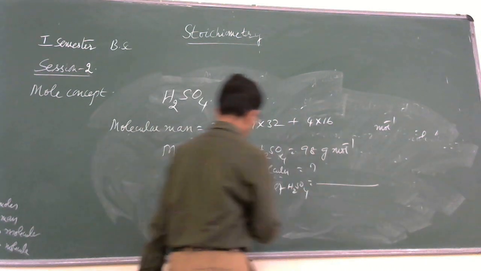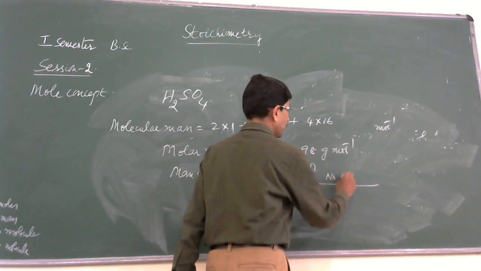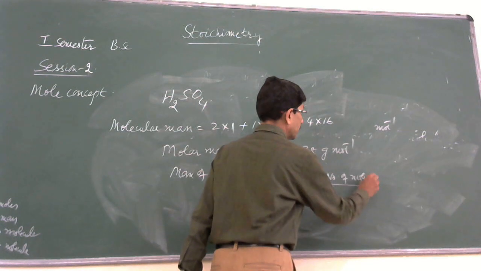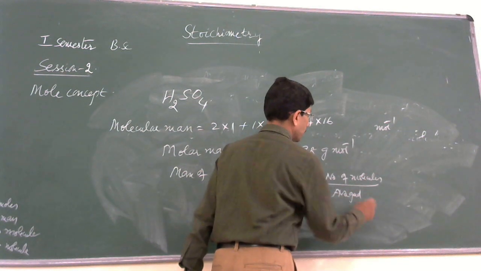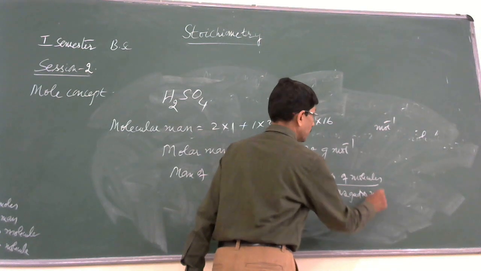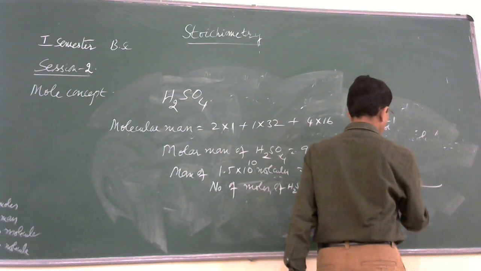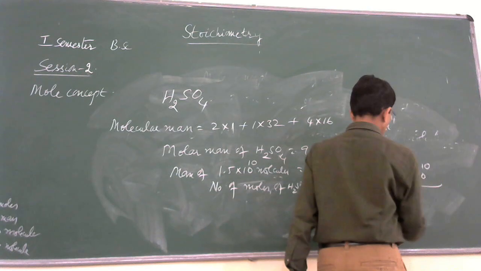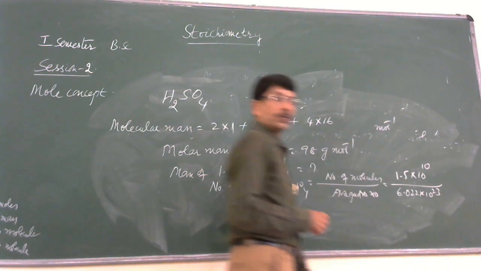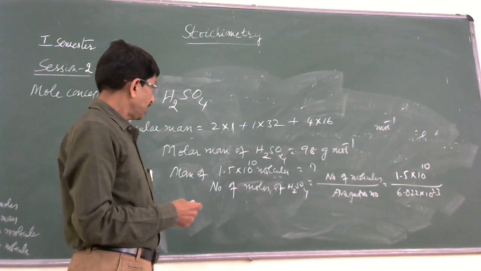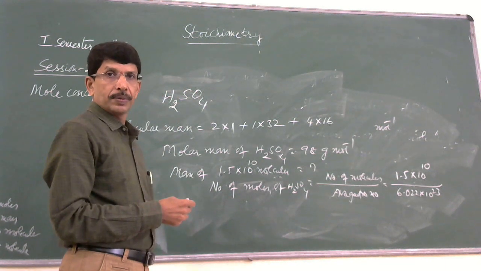This is equal to the number of molecules divided by Avogadro's number. So the number of molecules is 1.5 into 10 to the power 10, and Avogadro's number is 6.022 into 10 to the power 23. So this ratio upon simplification gives the number of moles.